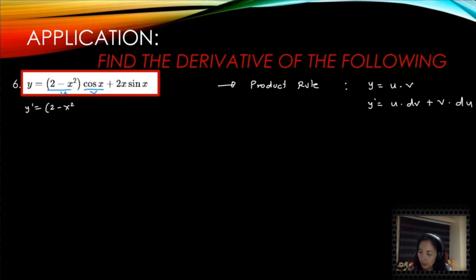Derivative of cosine x is negative sine x, plus v du. v is cosine x times derivative of u is 0. Why 0? Because derivative of 2, which is a constant, is 0. Next, derivative of x squared is 2x.